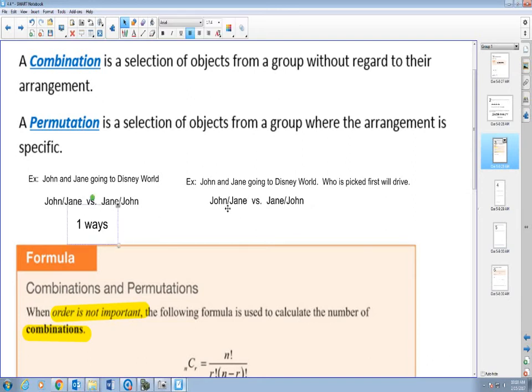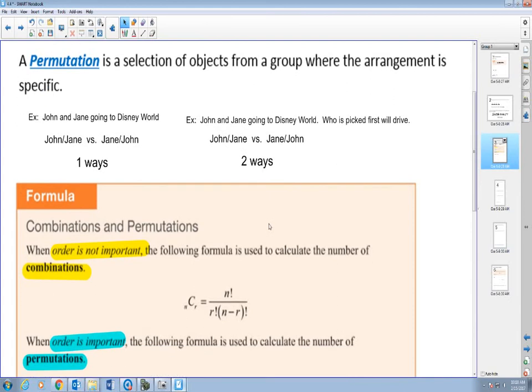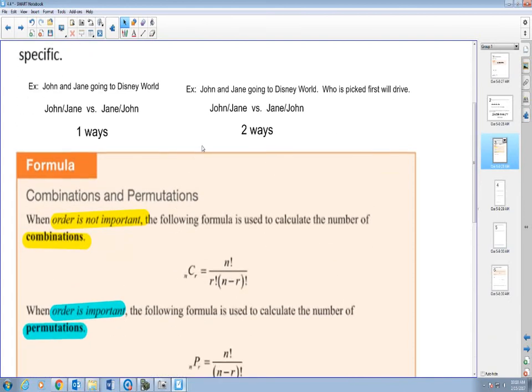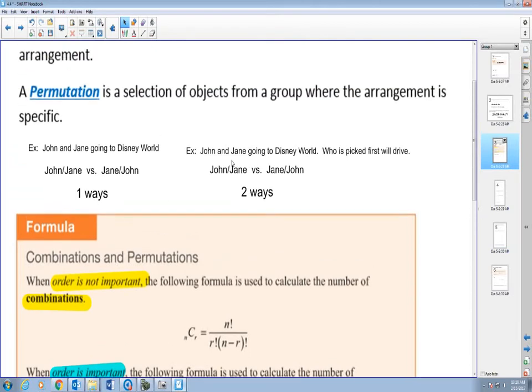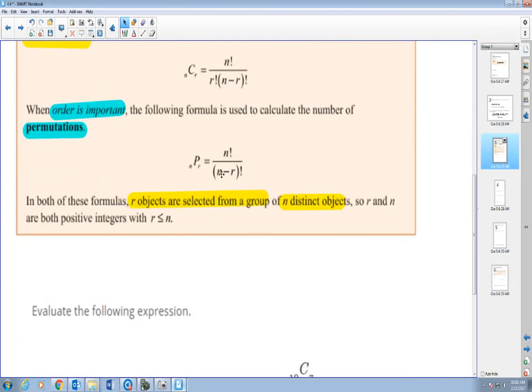So now this is actually two different ways. So that means this becomes a permutation. Permutation is where the order is actually important, who I pick first, second, and third. Versus combination, where it doesn't really matter who I pick first, where the order is not important.